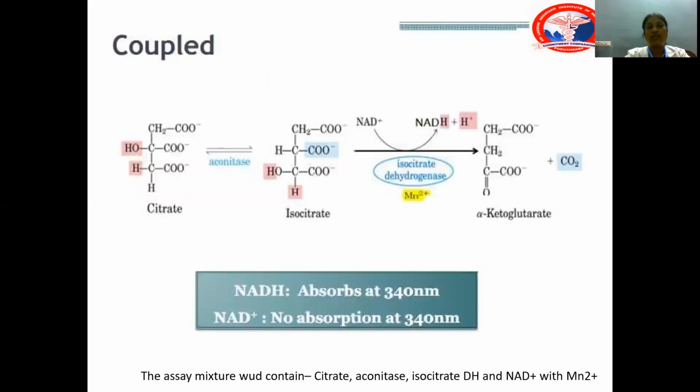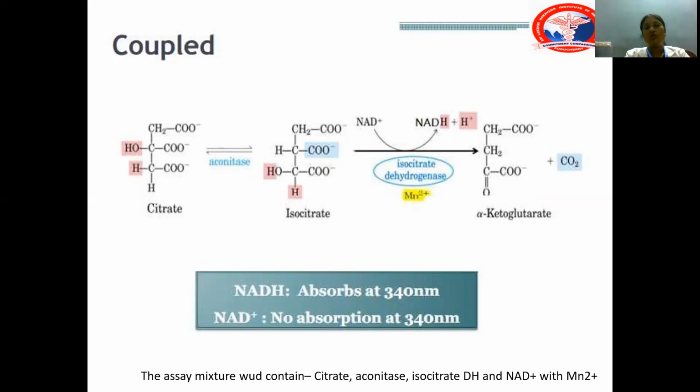So here you can see a coupled assay, where this is a reaction which is happening in the citric acid cycle. Citrate will be converted to isocitrate. This is a reversible reaction under the influence of aconitase. In the assay mixture, we need to detect the activity of aconitase, but the isocitrate is a product which is formed and it serves as a substrate for the next reaction.